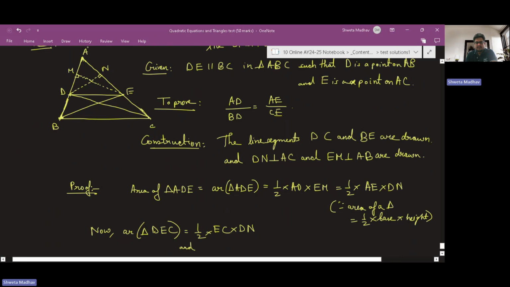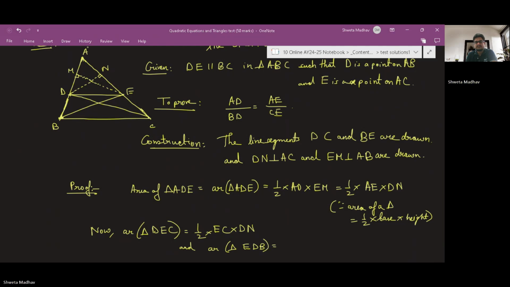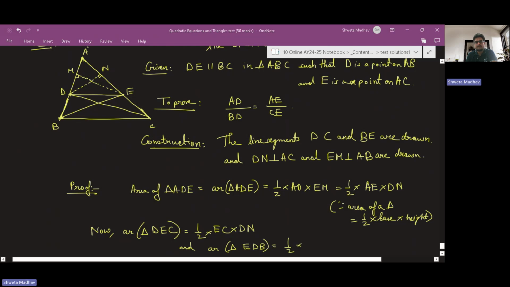And similarly, area of triangle EDB is equal to half into base DB into height, which is EM.